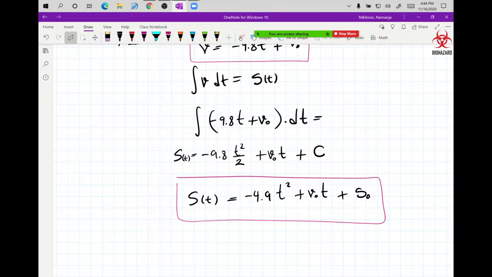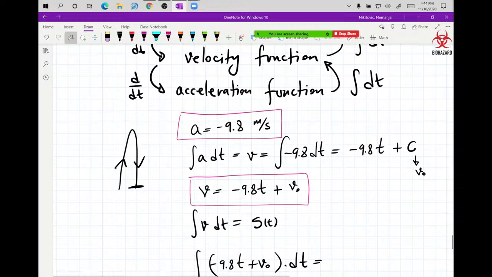Now, one more cool thing is to realize that you can find the maximum value over here, when the rock goes all the way to the top. So you want to find y maximum, the rock stops.